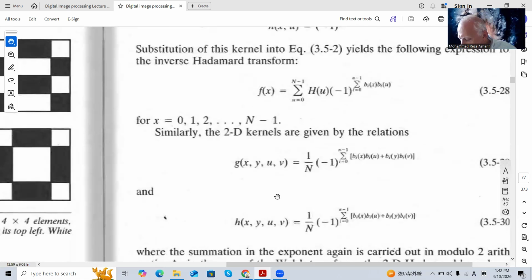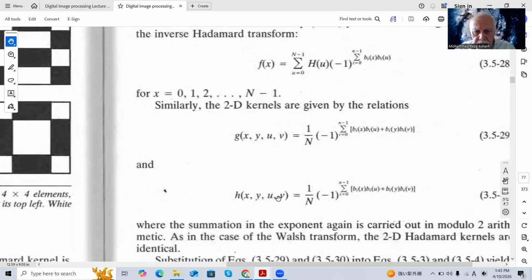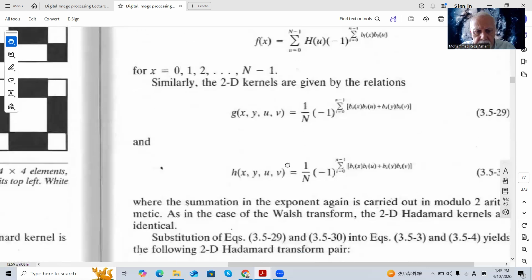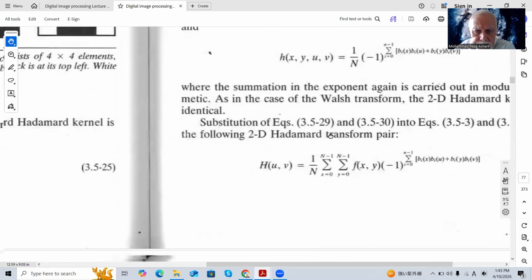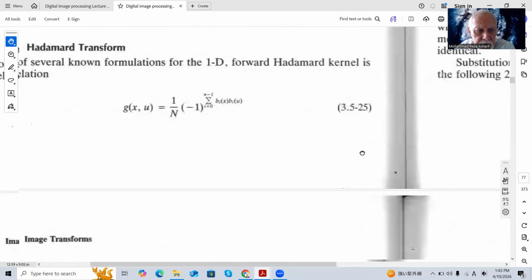For two dimensions, instead of x we have x, y and u, v. So the kernel would be b_i(x) b_i(u) plus b_i(y) b_i(v), and the inverse kernel is the same. And for two dimensions, I show you here: there is a double summation over x and over y from 0 to capital N minus 1, and this is the kernel for the transformation.